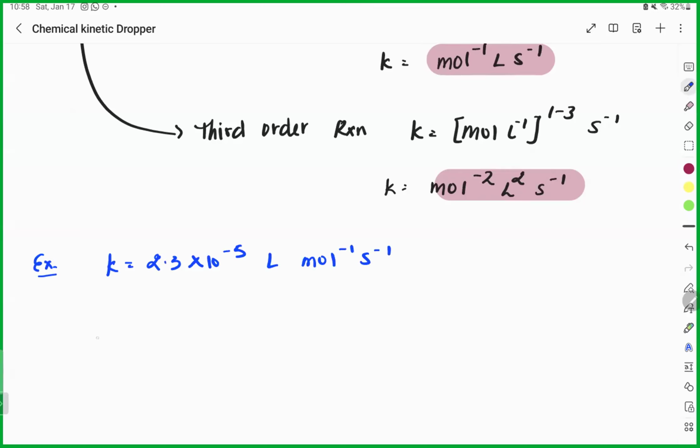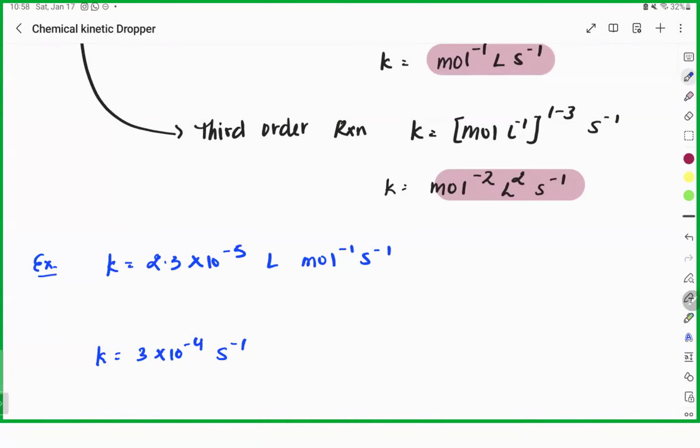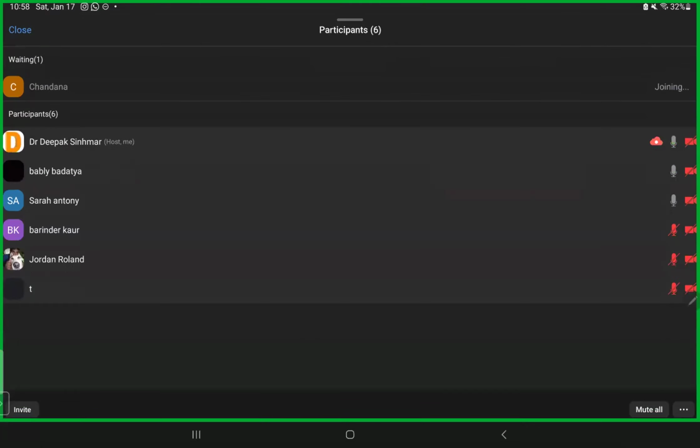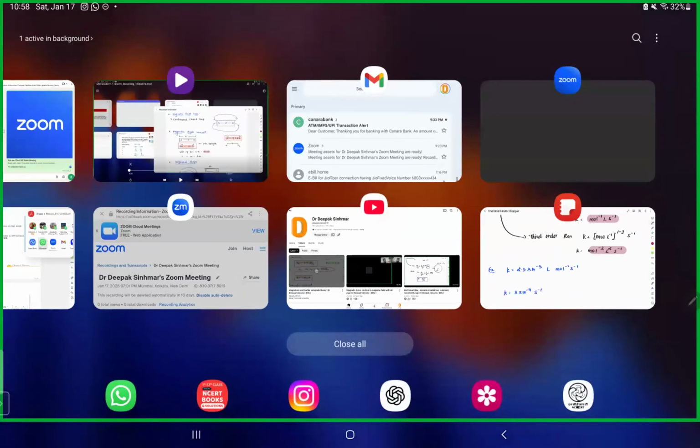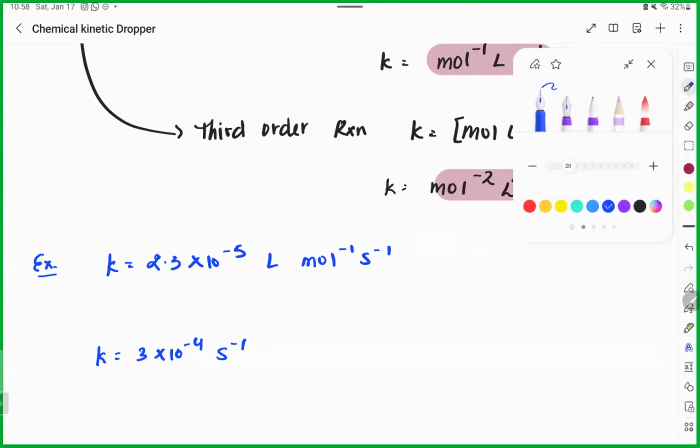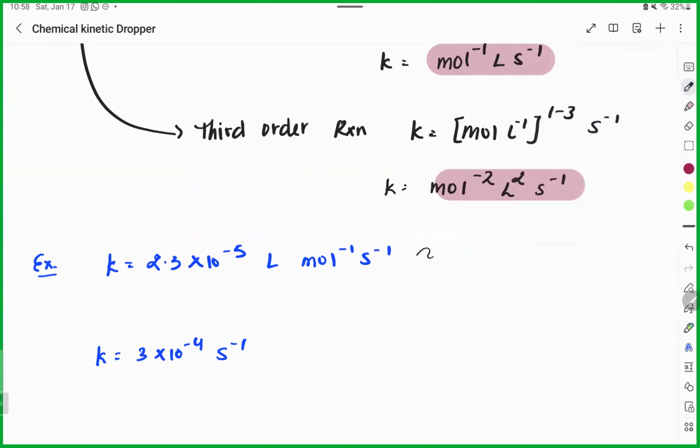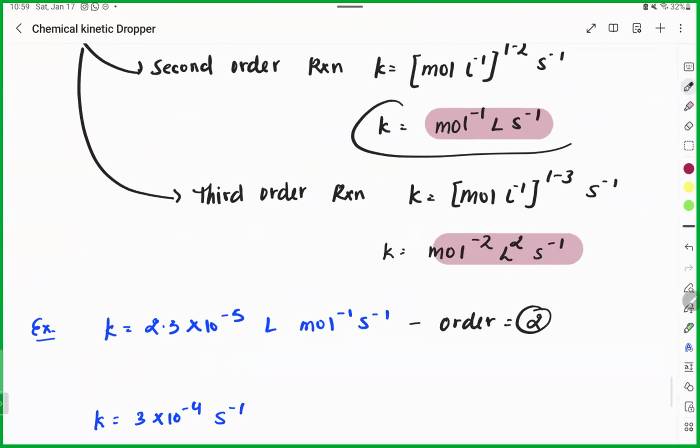Second order. How do you know it is second? Liter per mole per second. And Barinder, for you, if K value is equal to 3 into 10 raised to power minus 4 per second, what will be the order of reaction? First order. Correct.